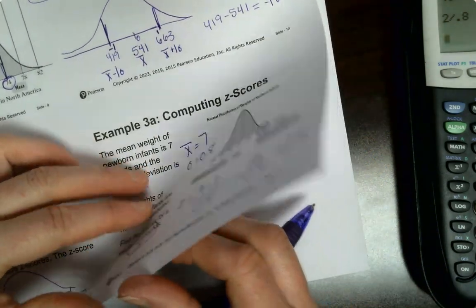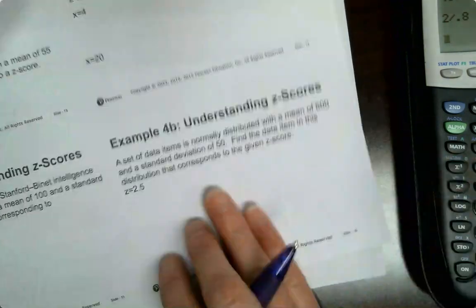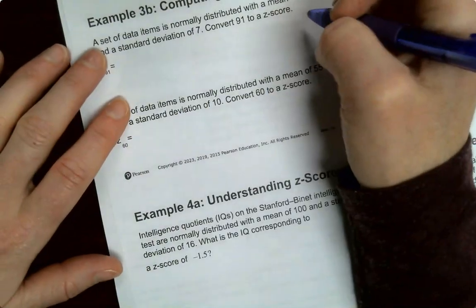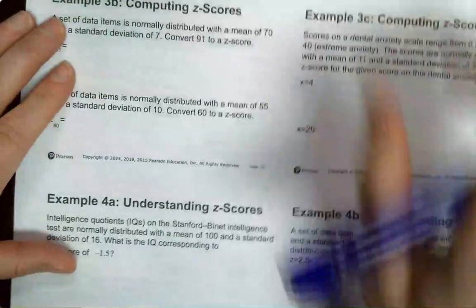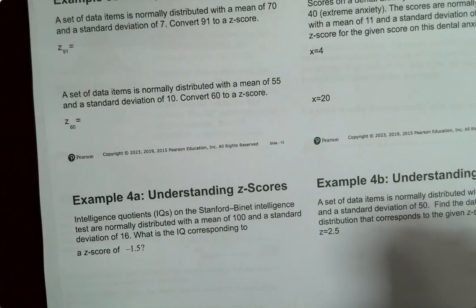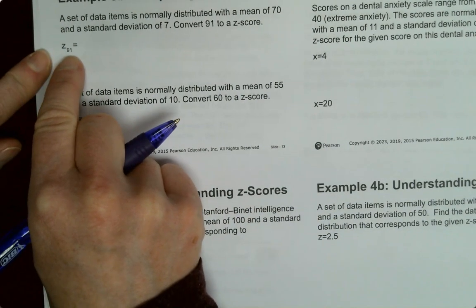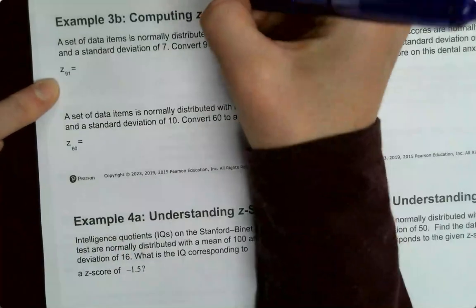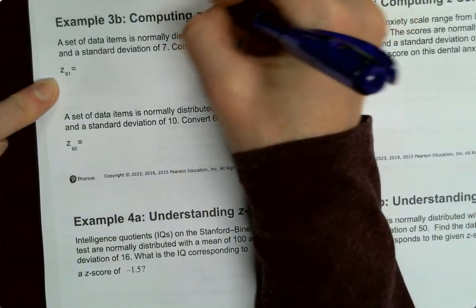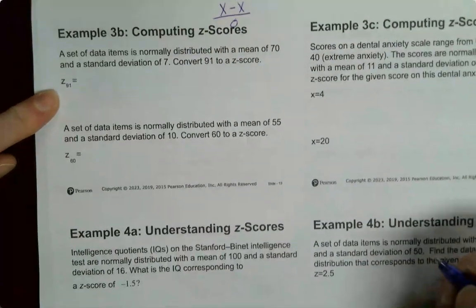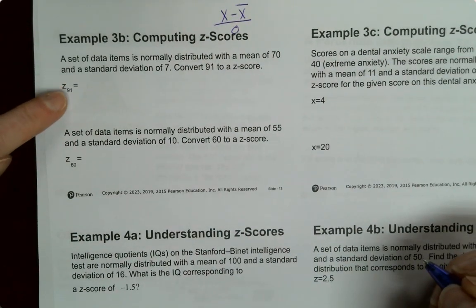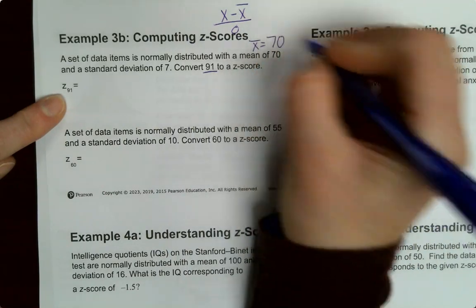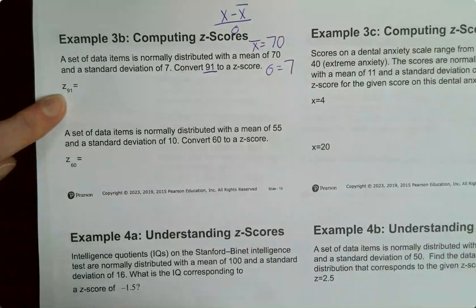Okay, let's compute some more z-scores. The set of data items is normally distributed with a mean of 70 and a standard deviation of 7. Convert 91 to a z-score. So we are going to do x minus x bar divided by your standard deviation. Our x is going to be 91, x bar is 70, and the standard deviation is 7.